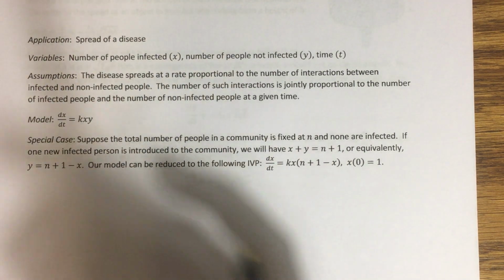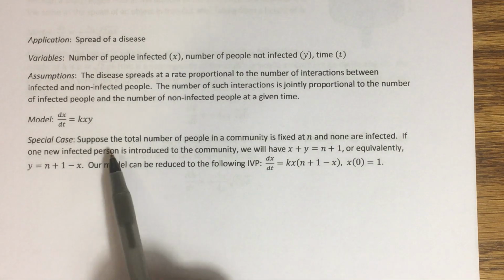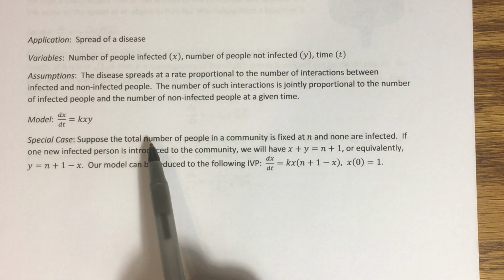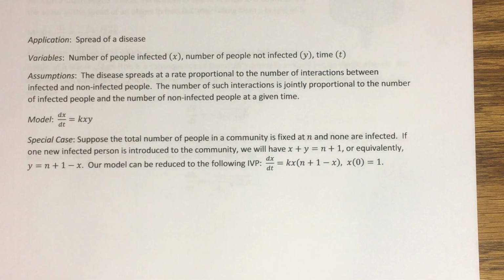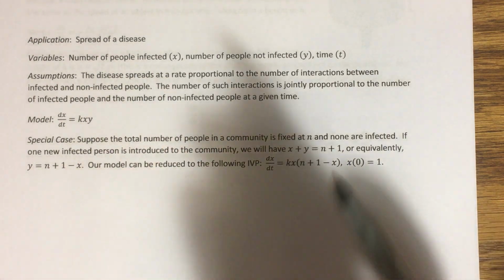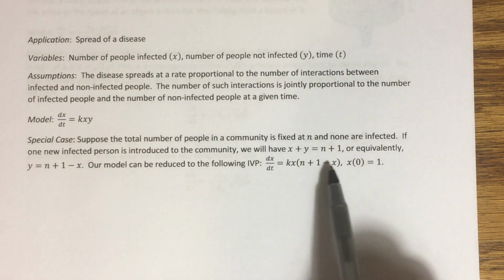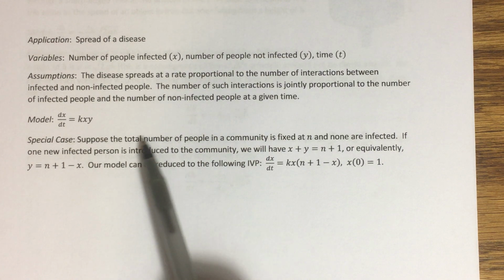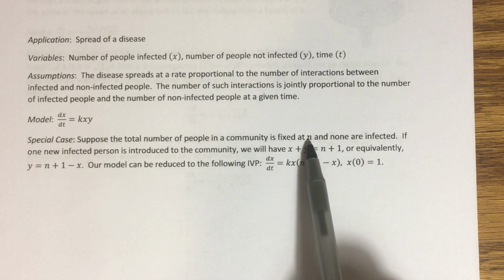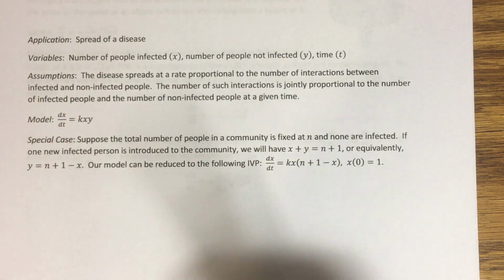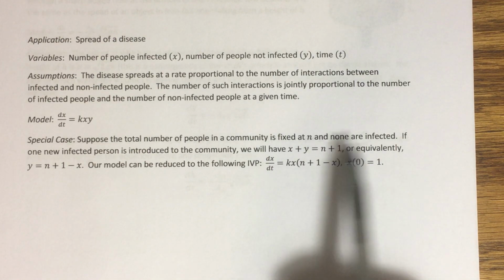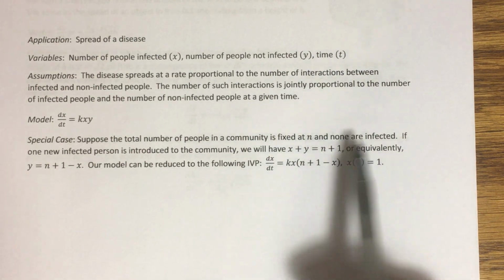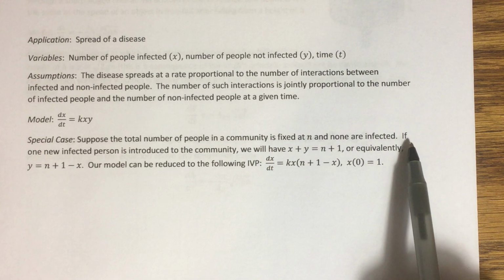Y is going to disappear. The assumption that we have to make is that we have a fixed number of people in our community. People are not leaving the community and other people are not coming in. It's a fixed population. Let's suppose that the population has size n, and that n is not going to change. That's the total number of people in this community. It is going to change in a second, but in a predictable way.